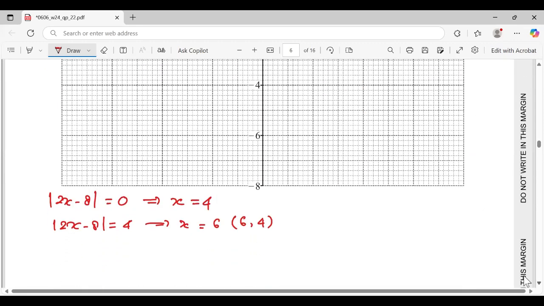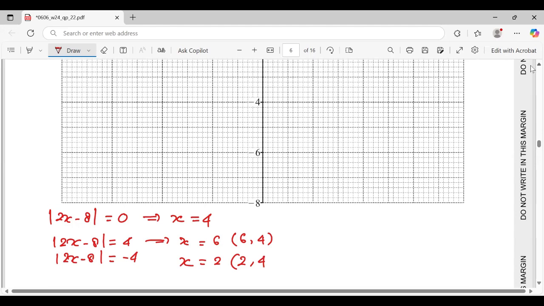And after that, because of modulus, it means 2x minus 8 equals minus 4. So it is x equals 2 and the coordinate point 2 comma 4, because this is modulus, it means minus 4.